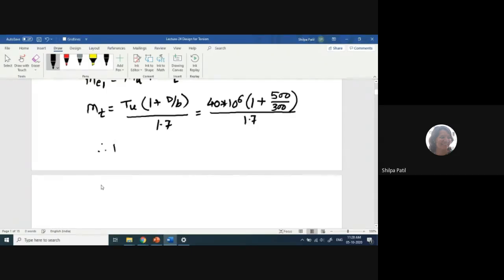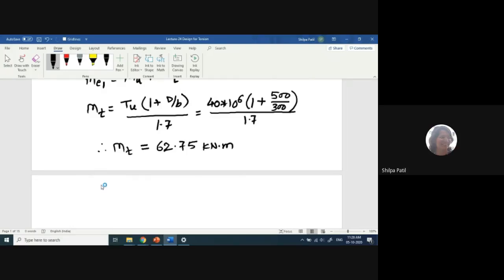So Mt is equal to 62.75 kilonewton meter.